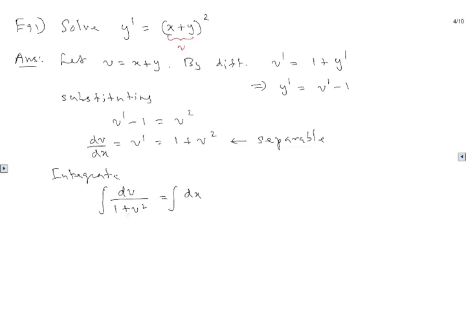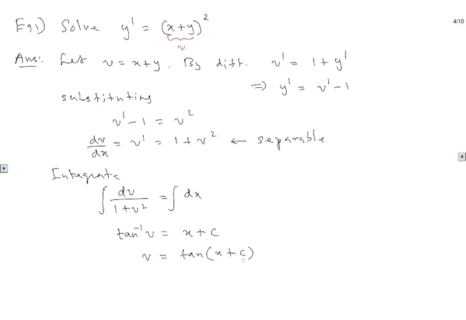And 1 over 1 plus v squared means a tan inverse, so this is going to be tan inverse v, and this is x plus c, the constant. So if you take the tan of both sides, the tan inverse gets cancelled, so you're going to get tan of x plus c from trigonometry.